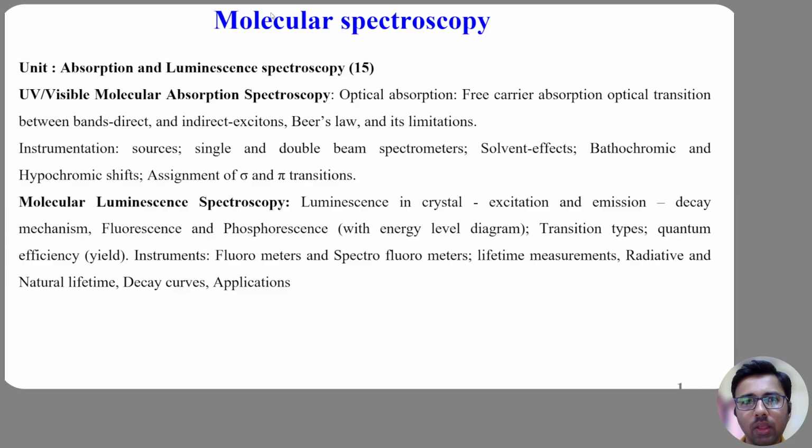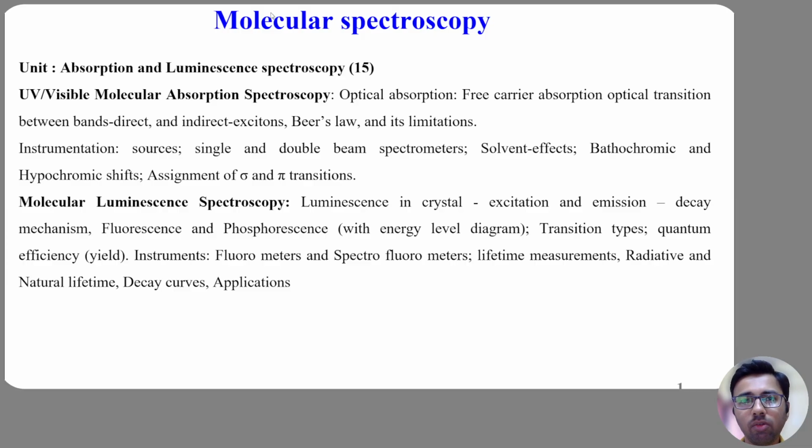One mechanism is called free carrier absorption. This occurs mainly in semiconductors and conducting materials, where already mobile electrons absorb incoming radiation. This concept is very important for understanding optical materials and electronic devices. Next, we study transition between energy bands.